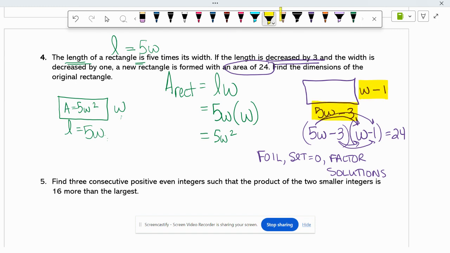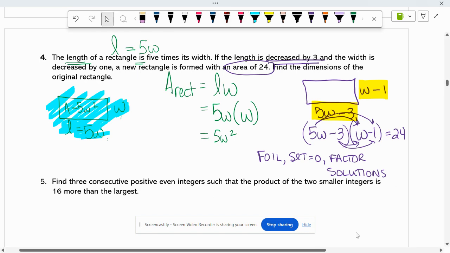It's asking you to find the dimensions of the original. It wants to know what W and L are of the original rectangle. Okay, so you just have 3 questions, 2, 3, and 4.